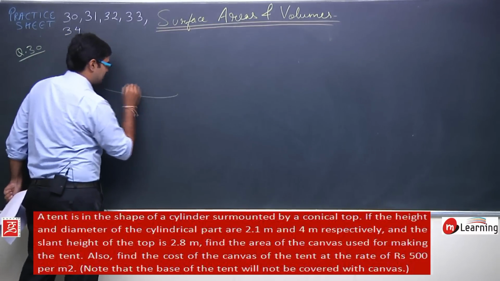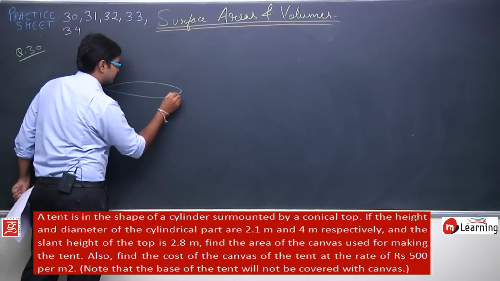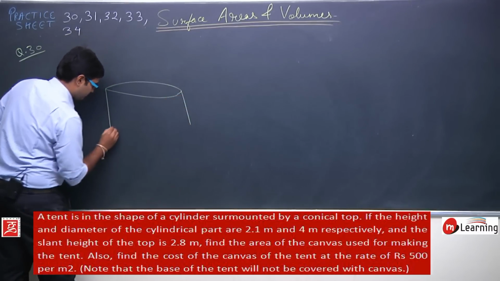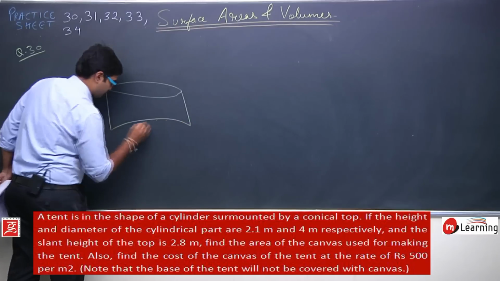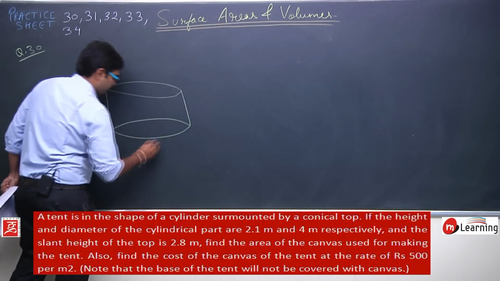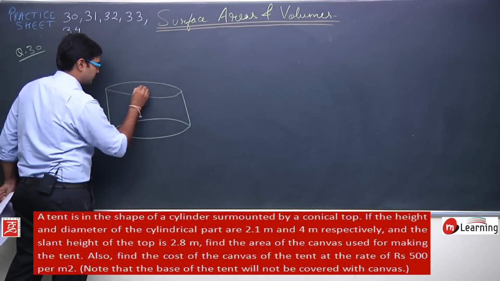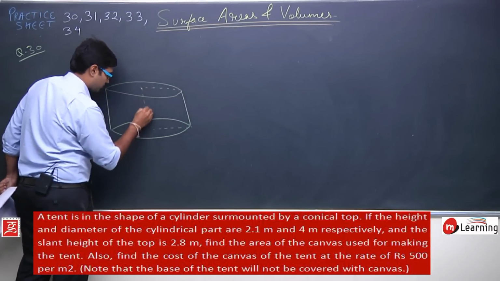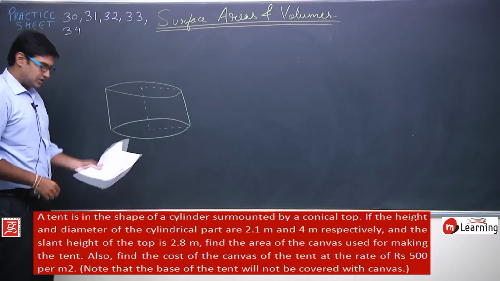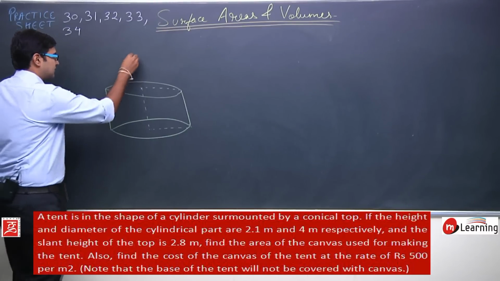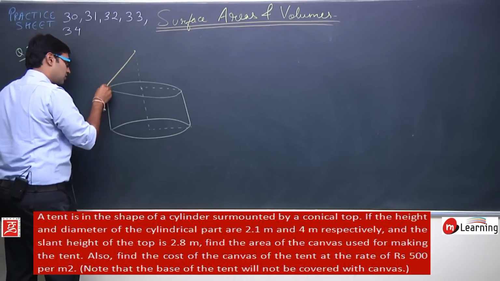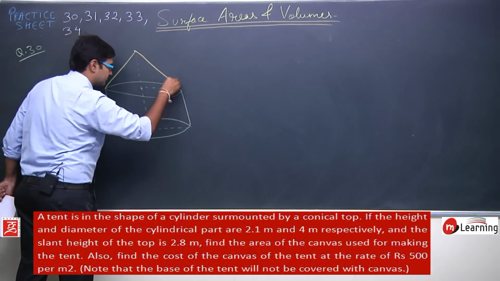The tent is something like this. This is the circus tent, and at the top of this tent there is a conical figure like this.